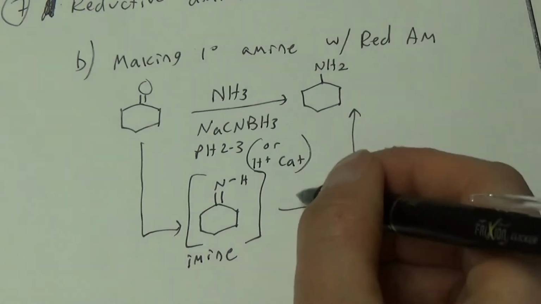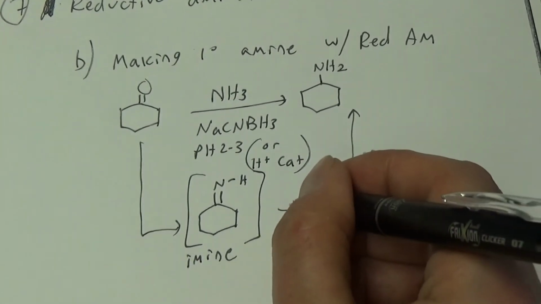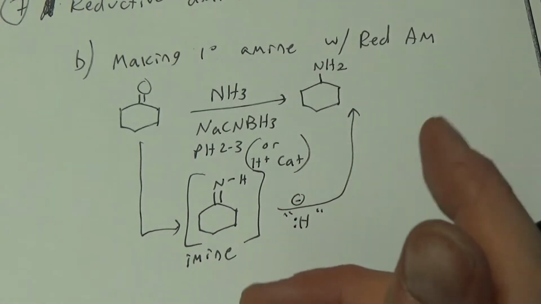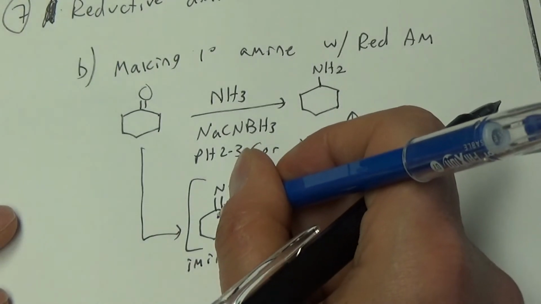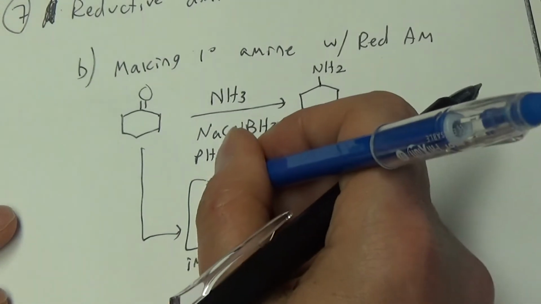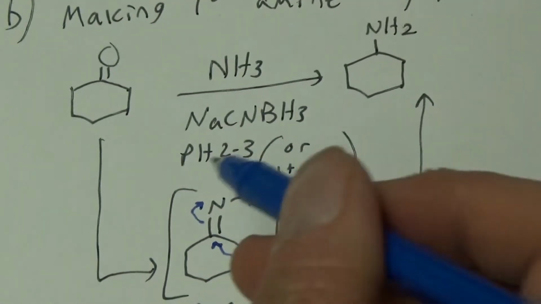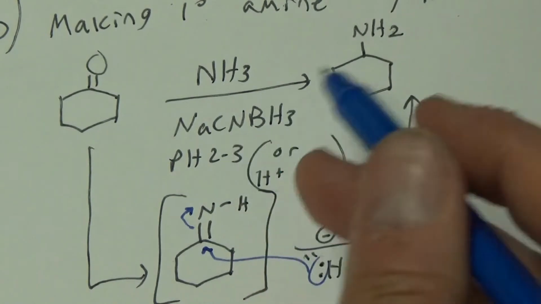And then the reduction step is really easy, like we just showed. If you just assume H minus, it's really trivial. Hydrogen attacks, kicks electrons up, and then you get N minus, and the N minus gets a proton from methanol.